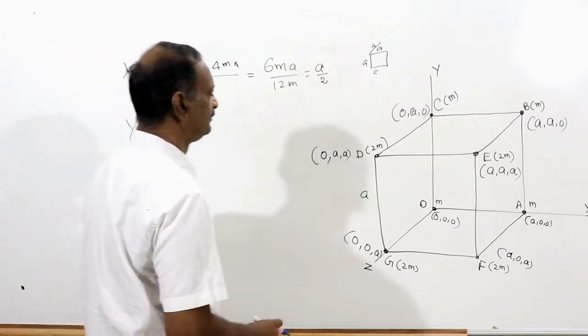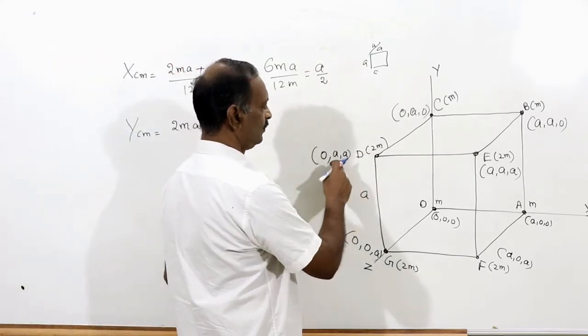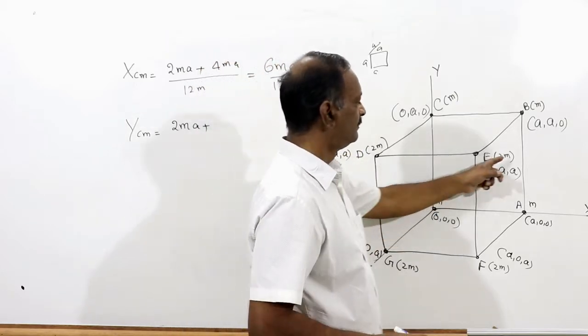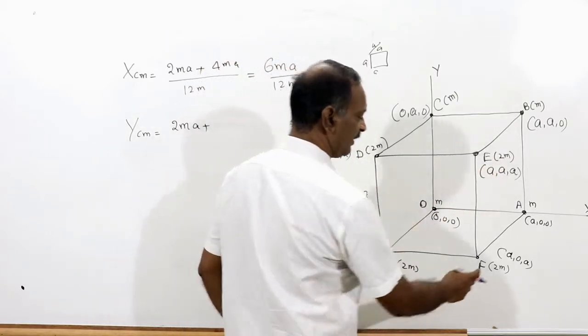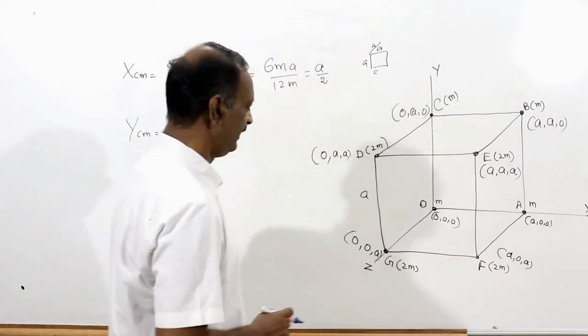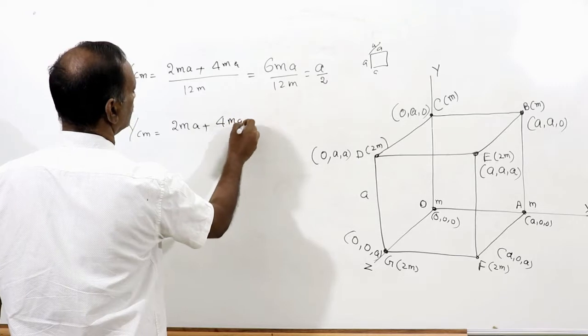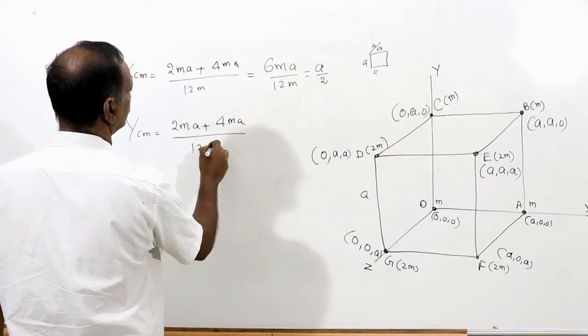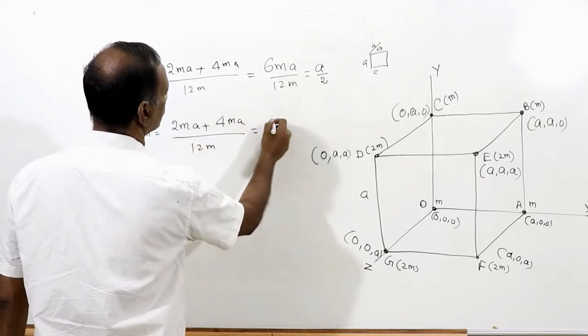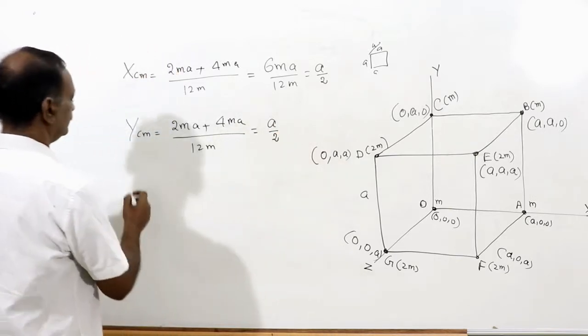Plus for this one, the Y coordinate: 2 MA plus 2 MA, 4 MA, 4 MA plus 0, 4 MA, 4 MA plus 4 MA, divided by 12 M. This is also equal to A by 2.